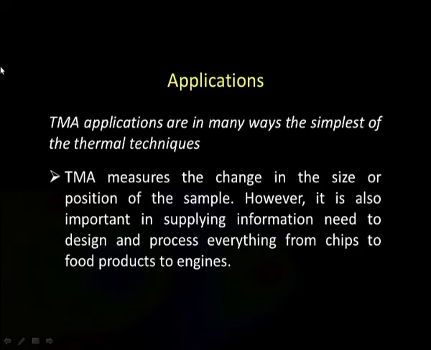TMA applications are in many ways the simplest of the thermal techniques. TMA measures the change in the size or position of the sample. However, it is also important in supplying information needed to design and process everything from chips to food products to engines.